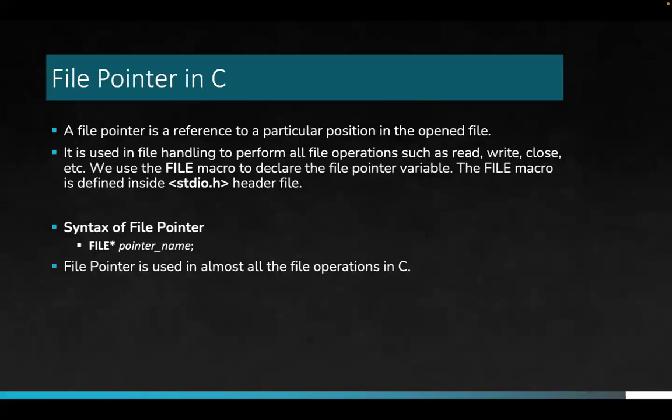These functions are present in the stdio.h header file. So you just have to include this stdio.h header file inside your code in the inclusion list. Then you can access all this from the header location.